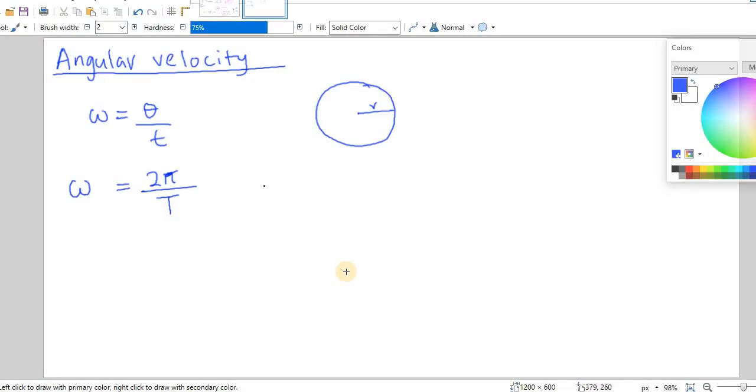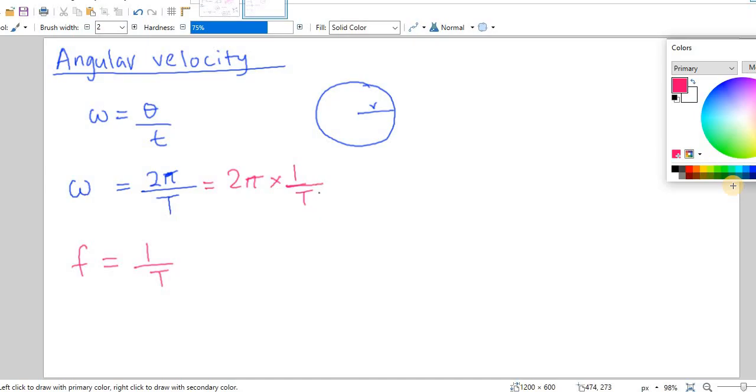So you have learned this equation, frequency equals 1 over the period. So I'll use a different color. You have learned this equation, frequency equals 1 over the period, right? Now here you can see we can also write this as 2 pi times 1 over T. You can just take this out, right?